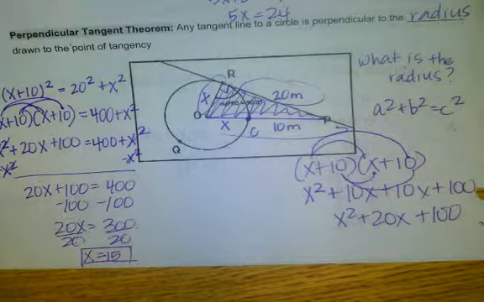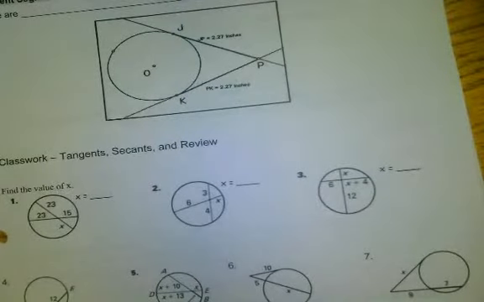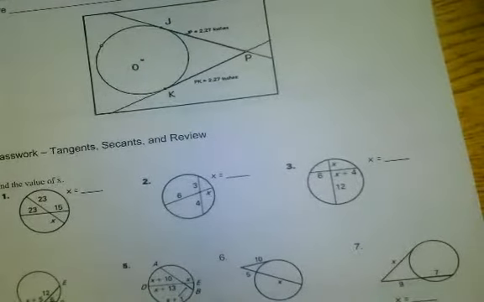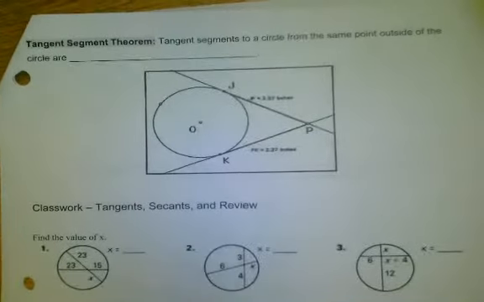Okay. Turn the page then. The next one is the tangent segment theorem. If two segments are tangent to a circle from the same point outside of the circle, then those two segments are congruent.